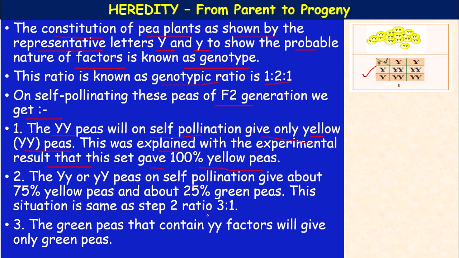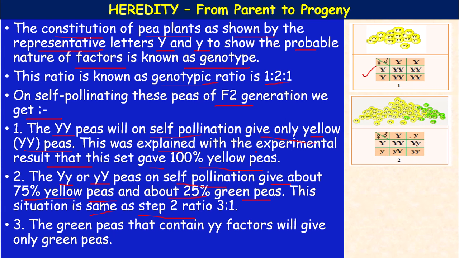The second result: the capital Y, small y peas on self-pollination give about 75% yellow peas and about 25% green peas. This situation is the same as the earlier step, a 3:1 ratio.